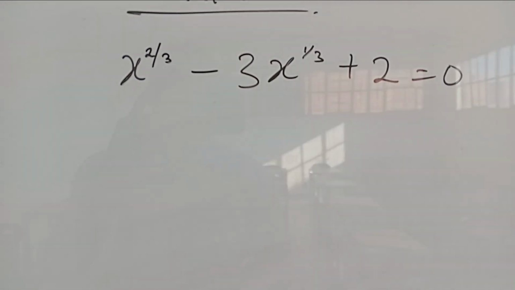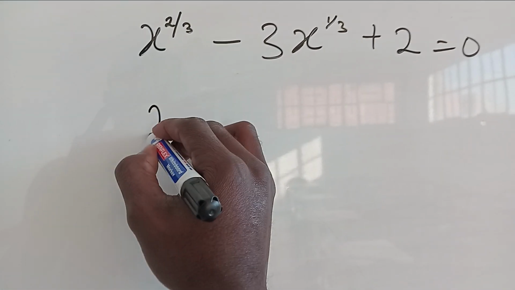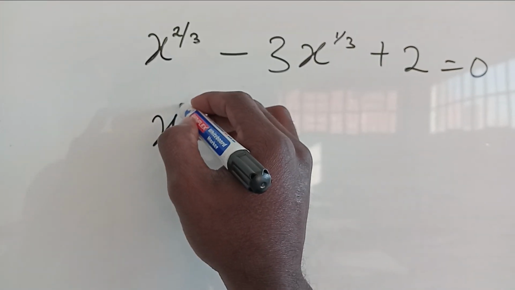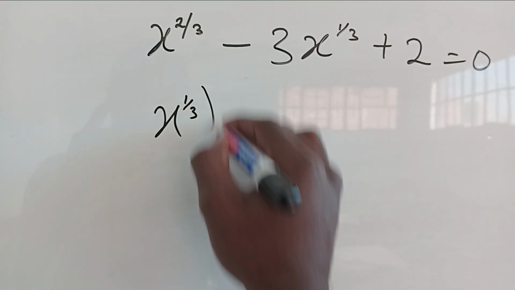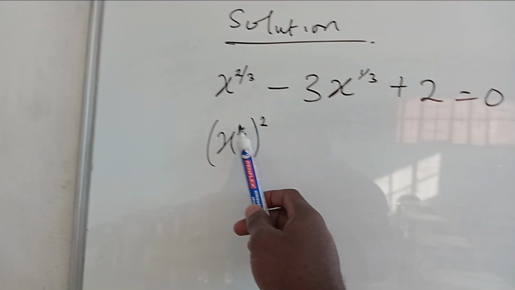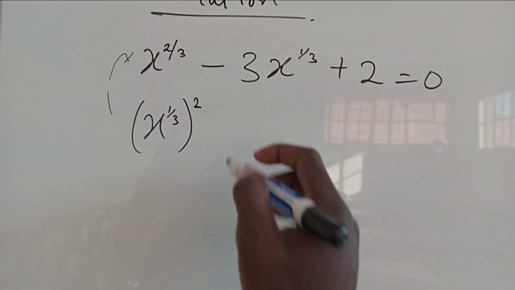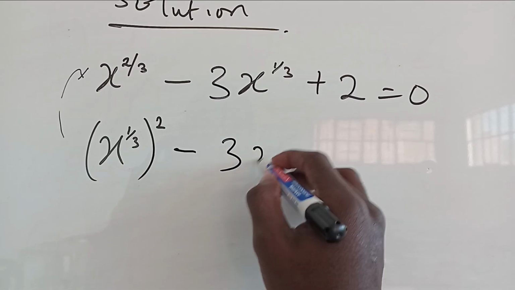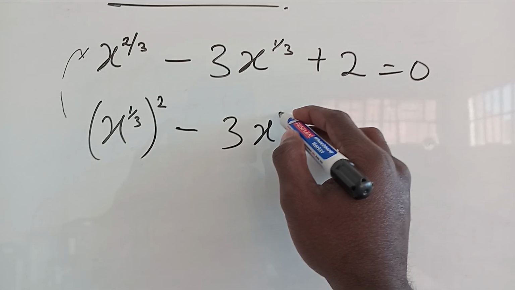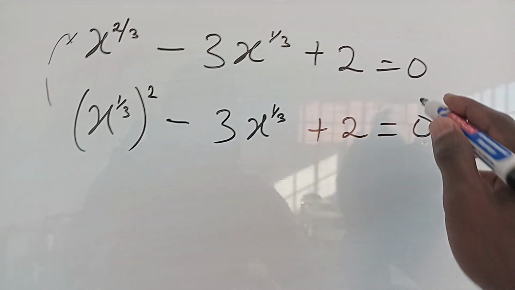Now, what we need to do here is, as you can see, you can rewrite this x as 1 over 3 all raised to the power of 2. When the power multiplies 2, it turns back to this. And this remains as 3x raised to the power of 1 over 3 plus 2 equals 0.